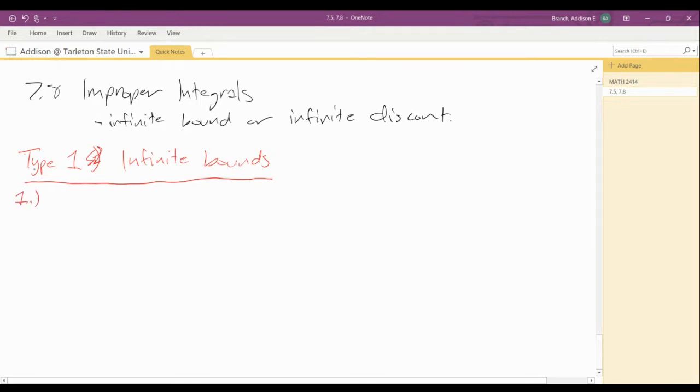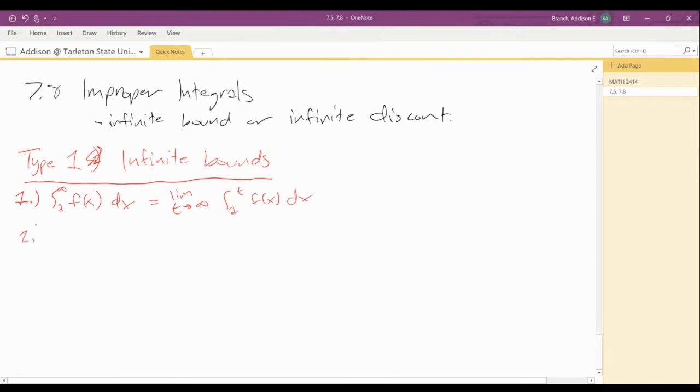In case 1, we have an integral that goes from some number a to infinity. It's just the integral of any f of x dx. Whenever we have that case, what we have to do is rewrite this as a limit. We have the limit as t approaches infinity from a to t of f of x.